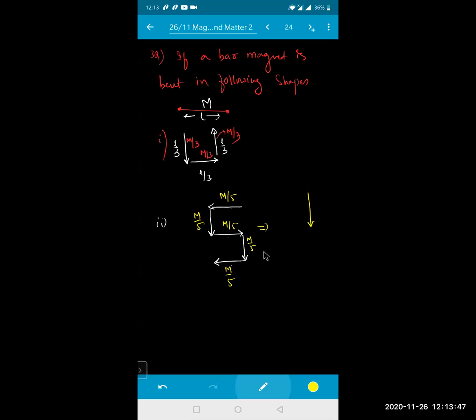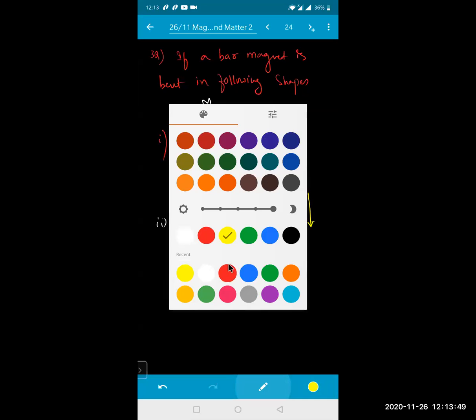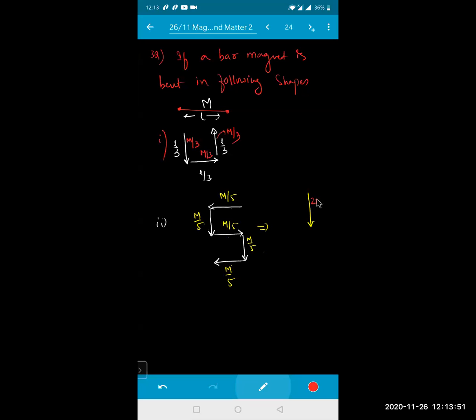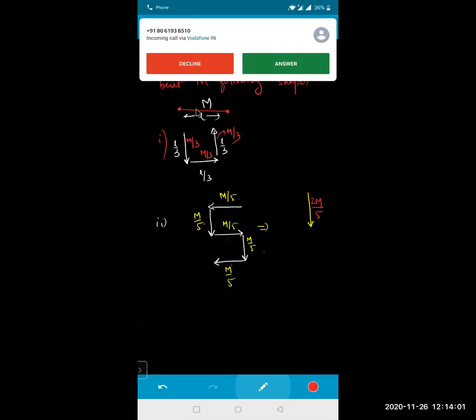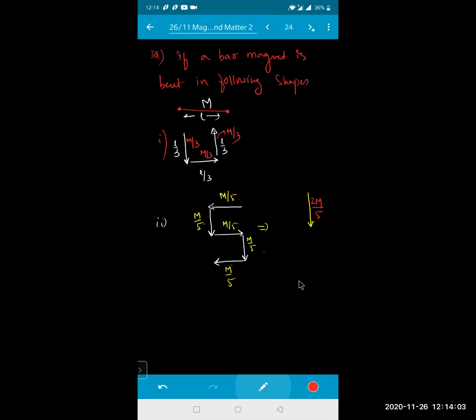M/5 plus M/5 is 2M/5. These two M/5 are equal and opposite, so they cancel, and only one part remains. So this one is M/5, and the resultant will be this.